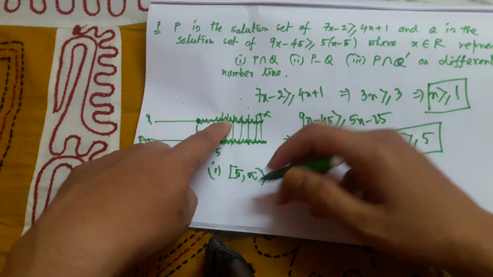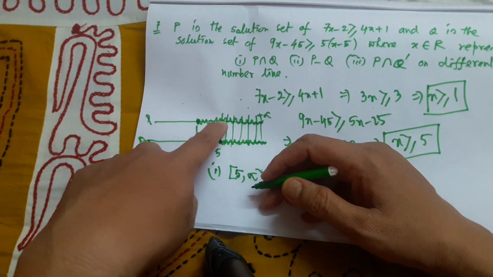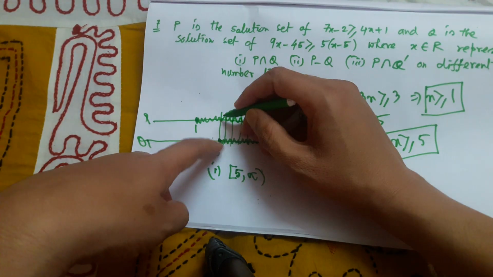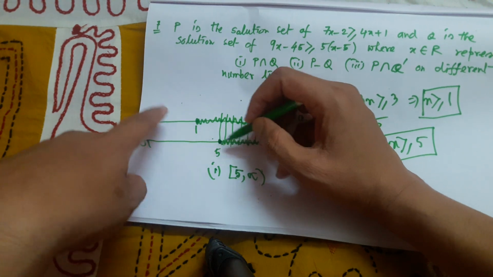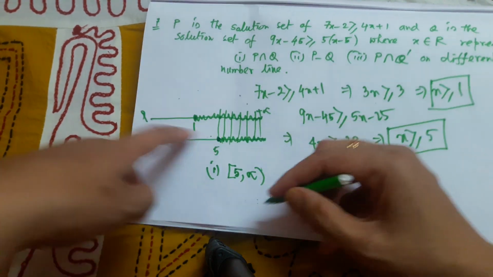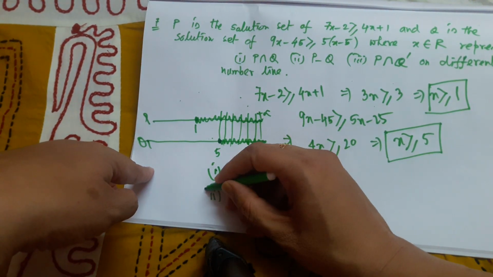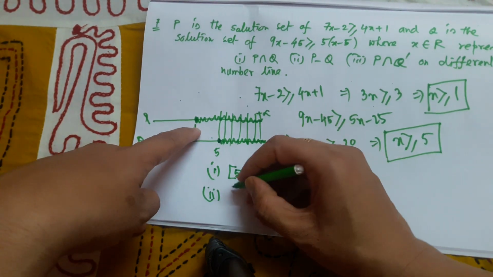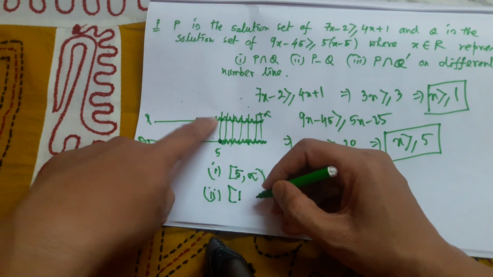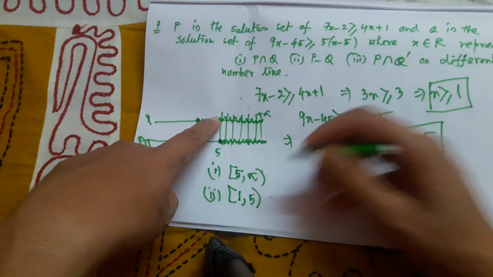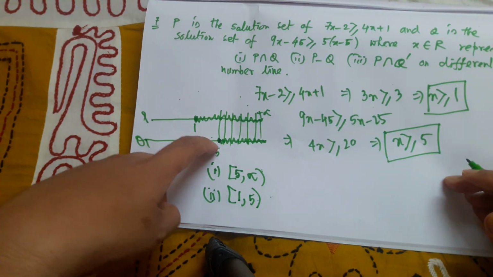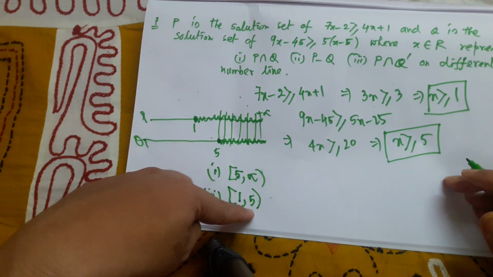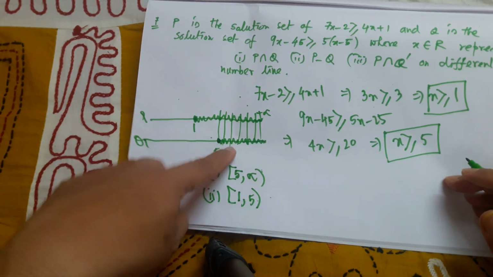So from 1 to open 5 will be the answer, because we delete 5 from P also. So number 2, P minus Q, will be from close 1 to open 5. This is critical. Here open 5 will be the answer, not close 5, because we deleted 5.